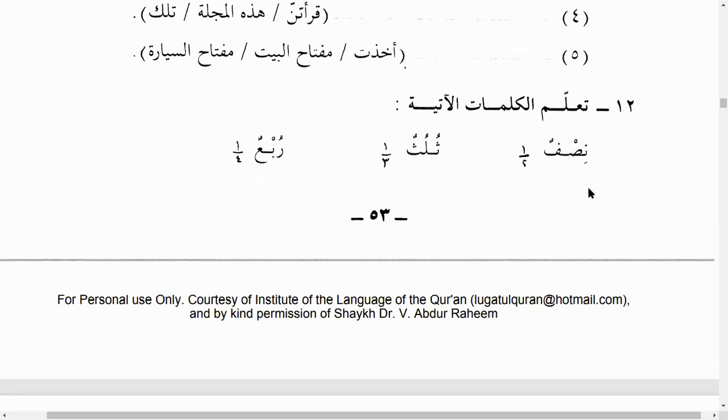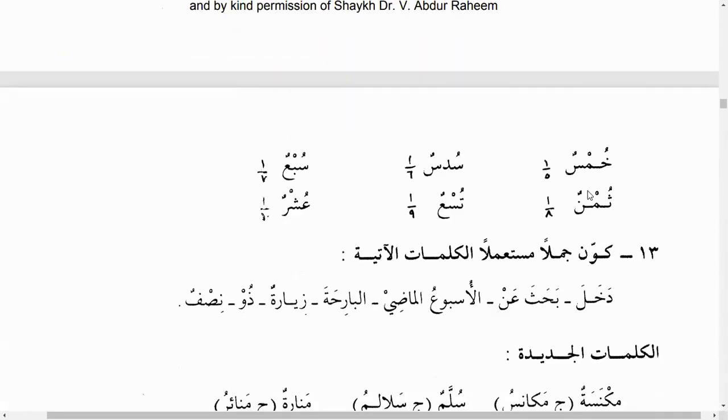Nisfun means half. Thuluthun means 1/3, and we have discussed that in thuluthun, the second one, the ayn kalima, normally comes with dhamma. However, for the rest, the ayn kalima will be sakin. For example, rub'un means 1/4, khumsun means 1/5, and also sudusun, which is with dhamma as well, not sakin.